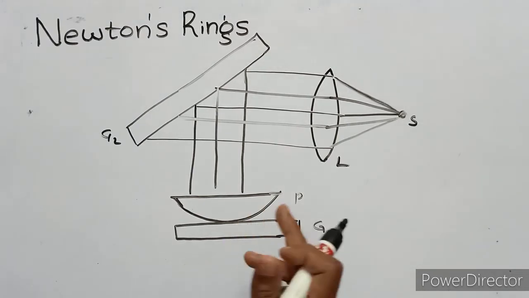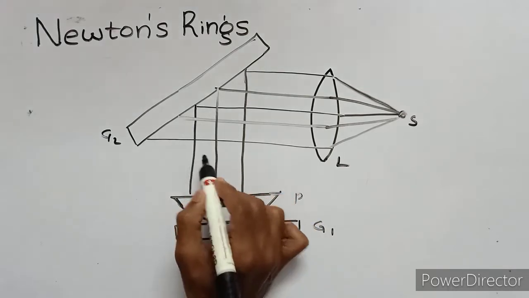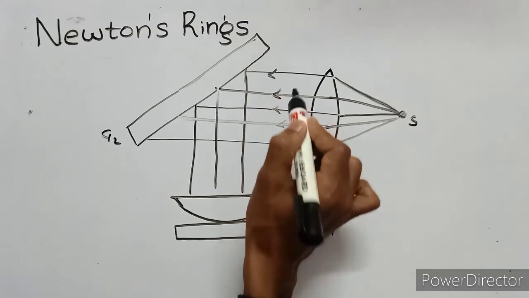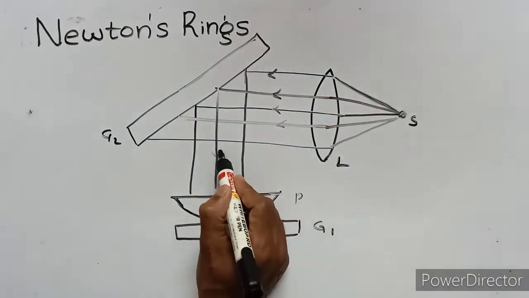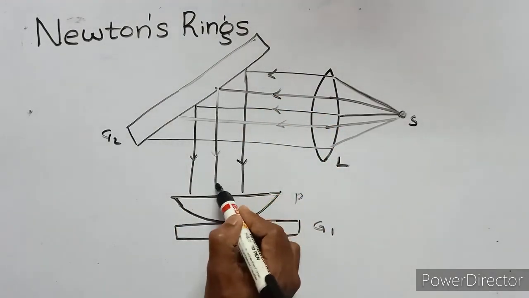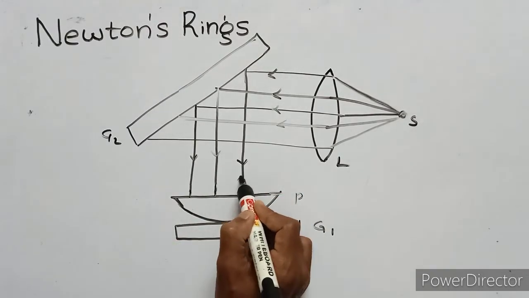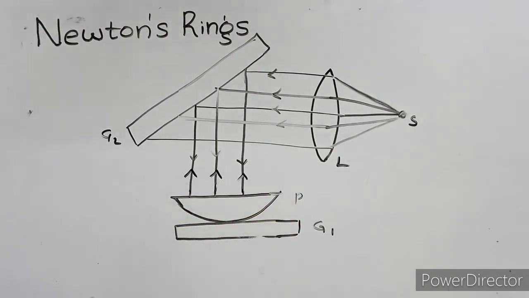A part of the incident light is reflected back towards the glass plate G2.